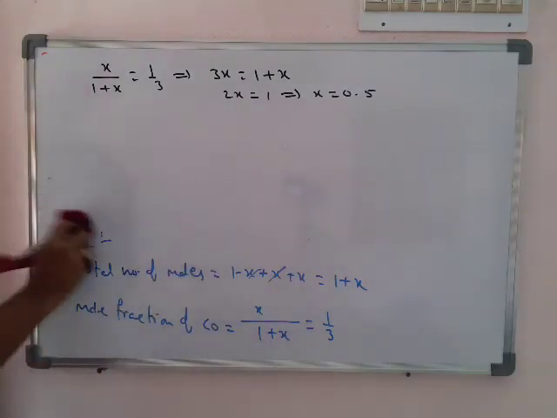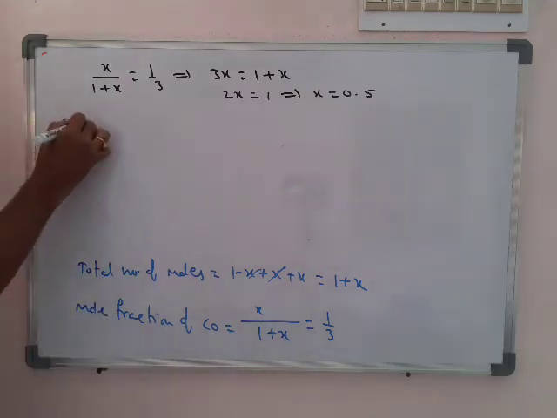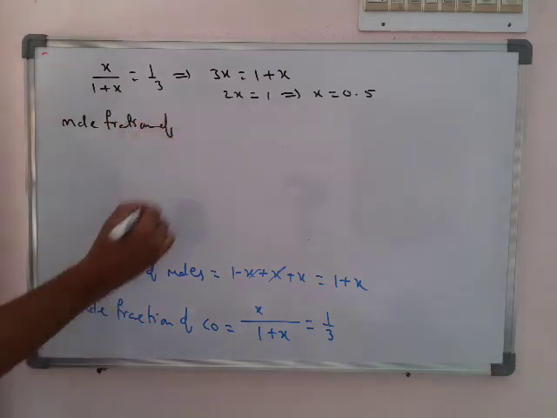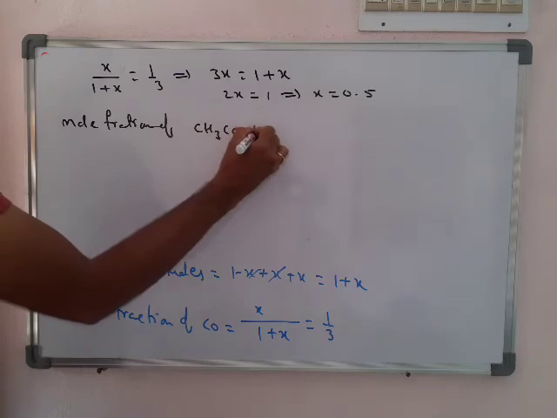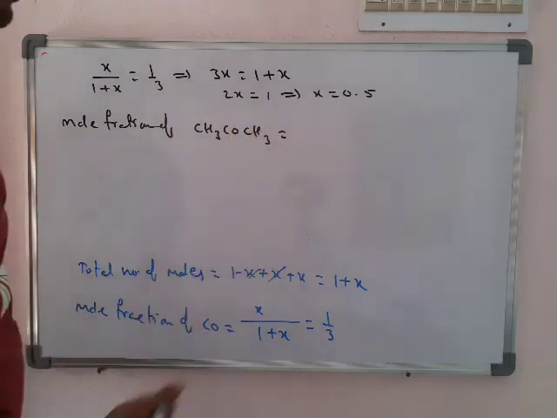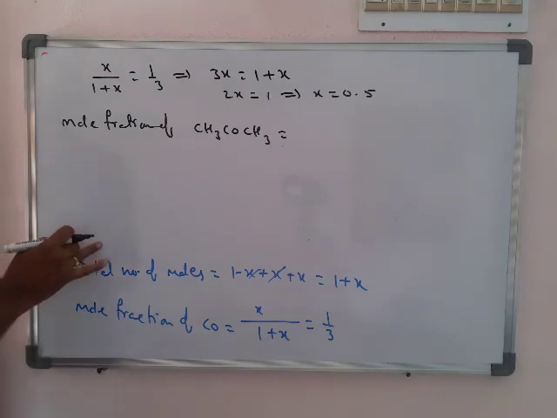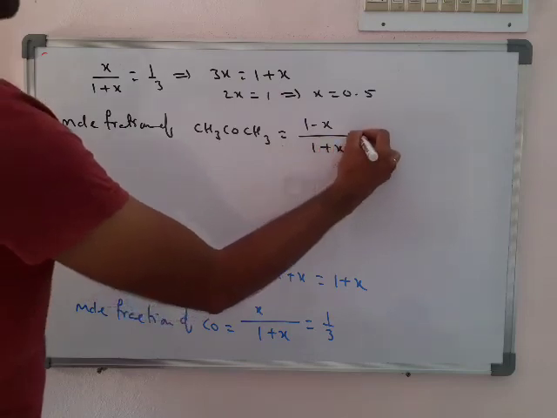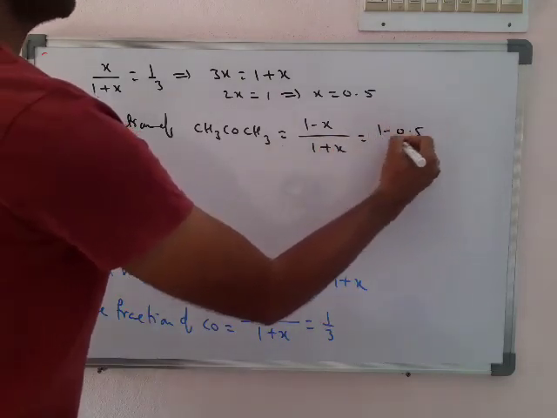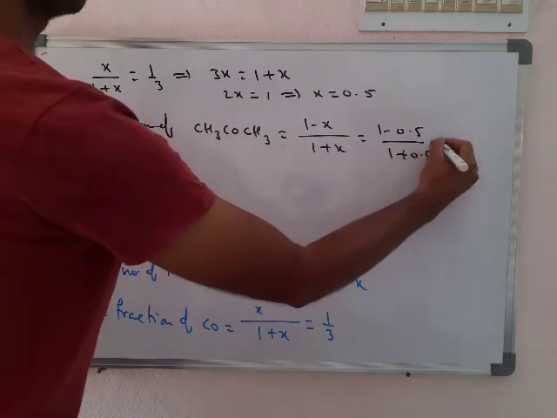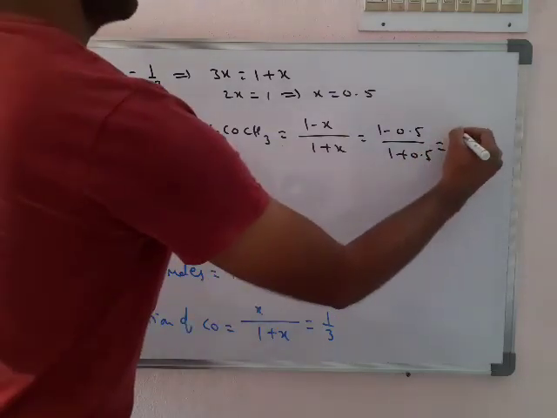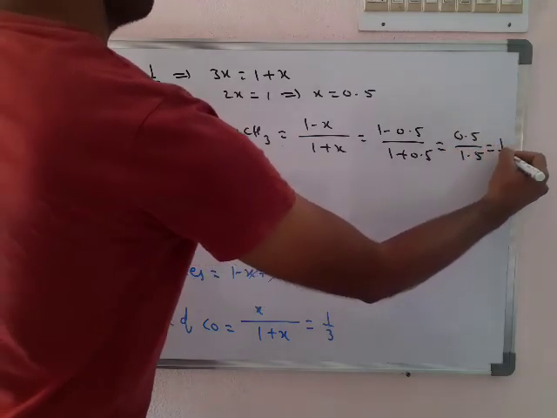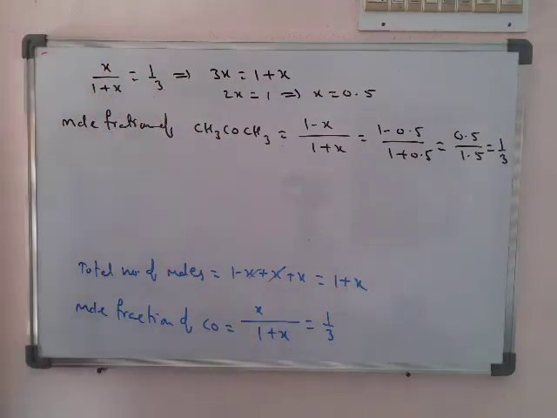With x equal to 0.5, the mole fraction of acetone is its number of moles by total number of moles, that is 1 minus x by 1 plus x, so 1 minus 0.5 over 1.5, which is 1 by 3.